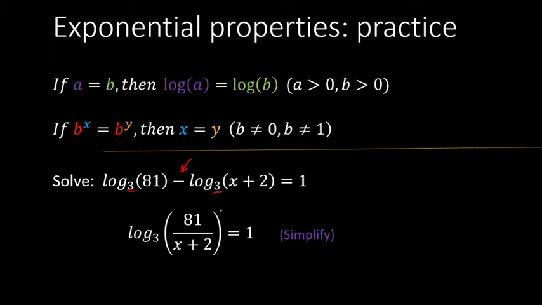Because they have the same base, I'm able to combine them as you see here. So 81 became the numerator because that appeared first, and then I'm subtracting log base 3 of x plus 2, excuse me, x plus 2 became my denominator. So I've simplified this to log base 3 of 81 over x plus 2 equals 1.